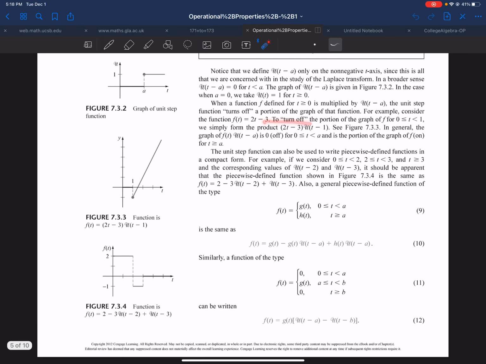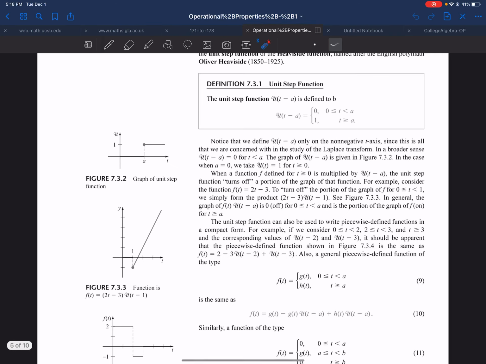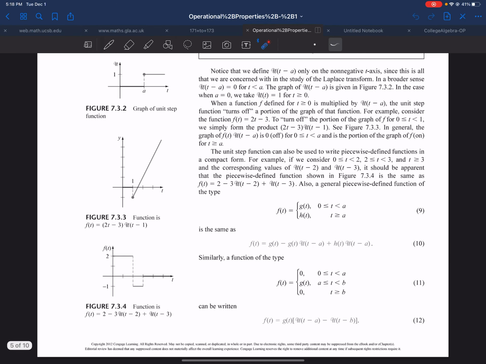To turn off the portion of the graph for 0 to 1, we would simply form the product of this times that unit step function in there, because when you're less than 1, that would be 0. Anything between 0 and 1 will be 0, and so you will be multiplying 0 times this function, and so that's what gives you that 0 right there.